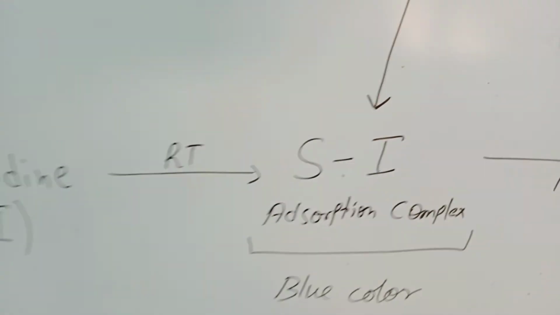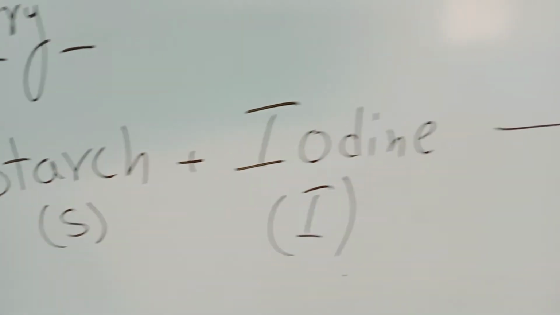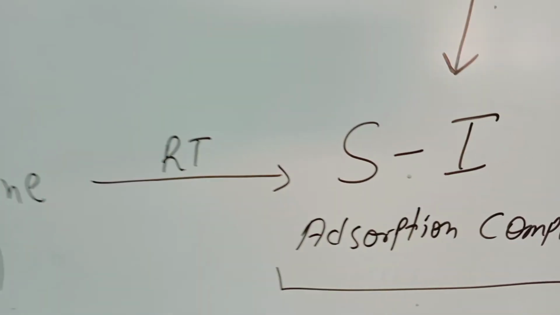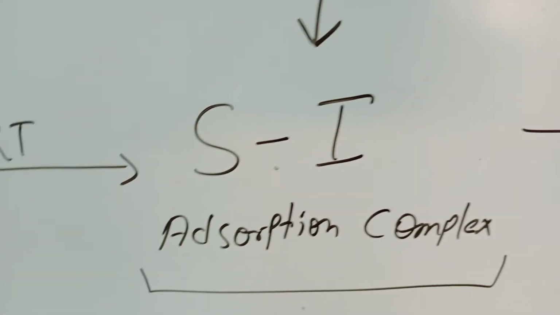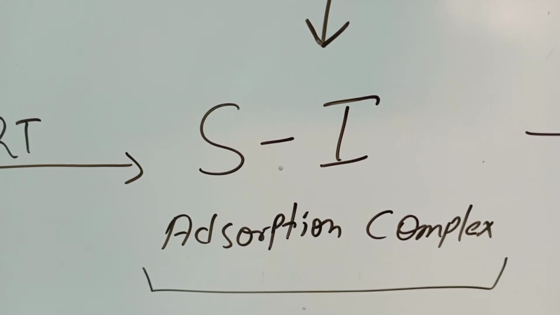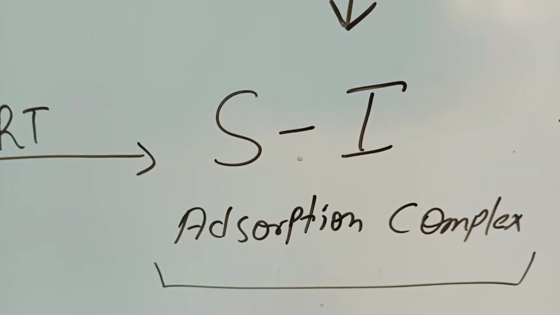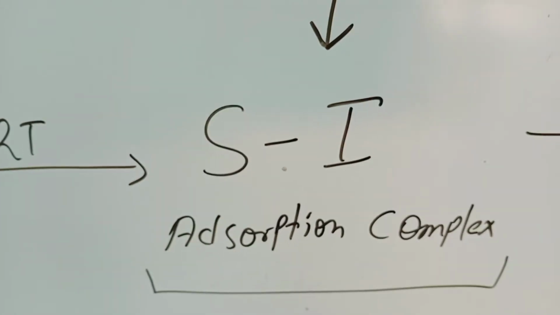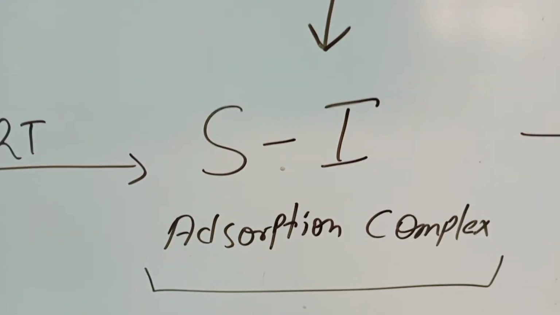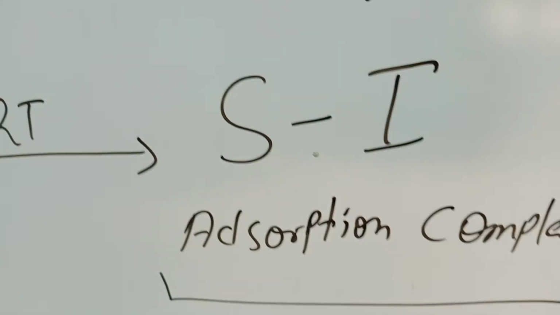When starch reacts with iodine at room temperature, that reaction requires no external temperature, and it leads to the formation of an adsorption complex between starch and iodine. This adsorption complex is responsible for the blue color.